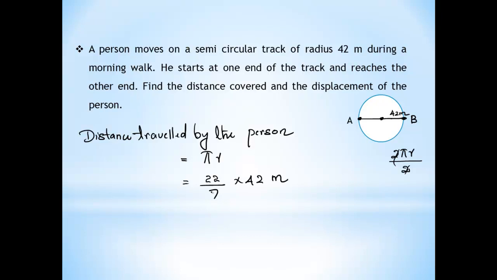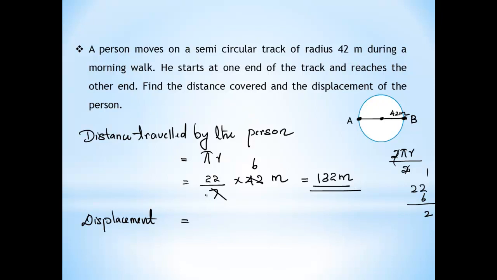So 7 and 42 you can cancel: 7 sixes are 42. Then 22 into 6, you can multiply: 6 twos are 12, 1 remaining, 6 twos are 12, 12 plus 1 is 13. So we can write 132 meter. The distance traveled by the person is 132 meter.